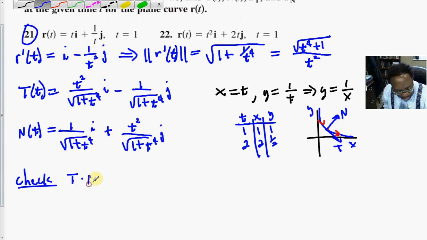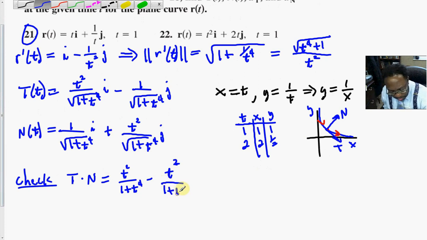So T dot N is t squared over 1 plus t to the 4th minus t squared over 1 plus t to the 4th, which is equal to 0.